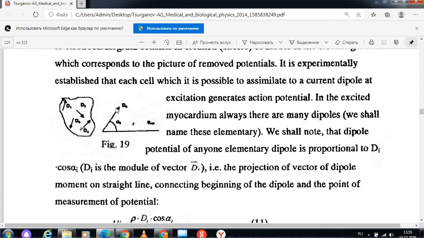So always we're talking about the vector dipole moment, but at this time we will be talking about di multiplying by cosine alpha I. It will be the projection of the vector of the dipole moment on a straight line, which is connecting the beginning of the dipole and the point of measurement of potential.